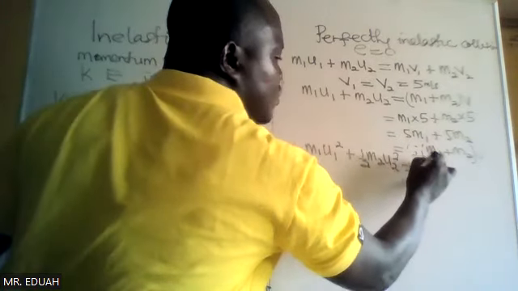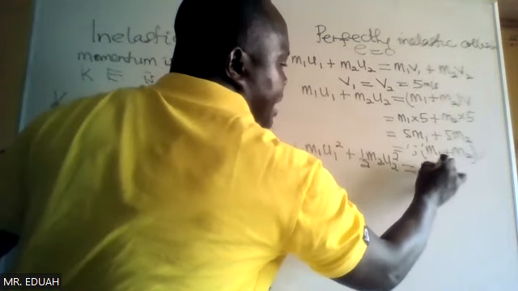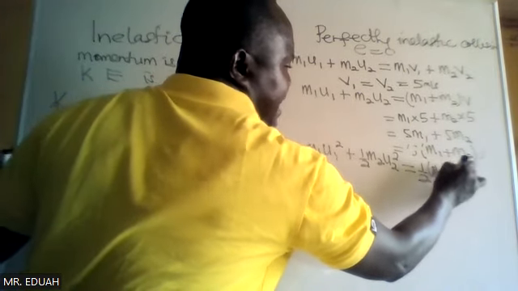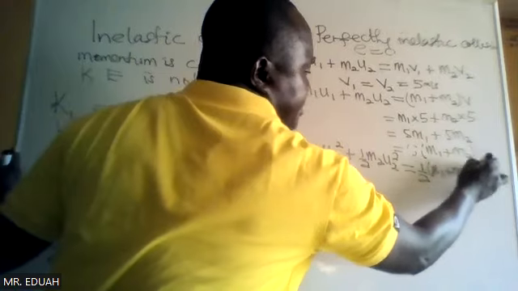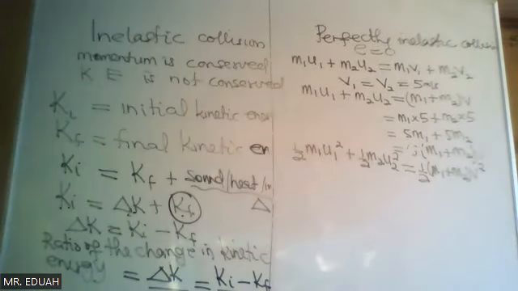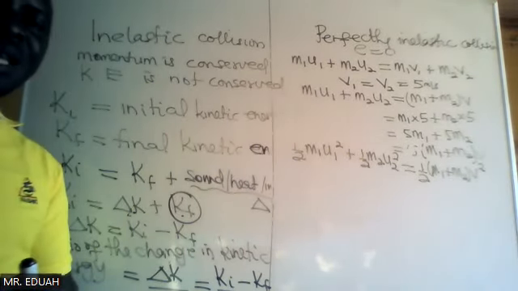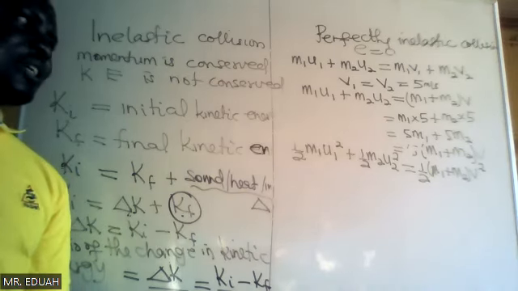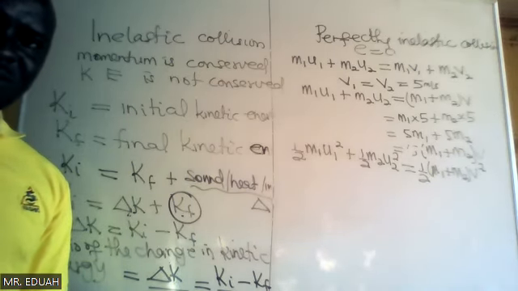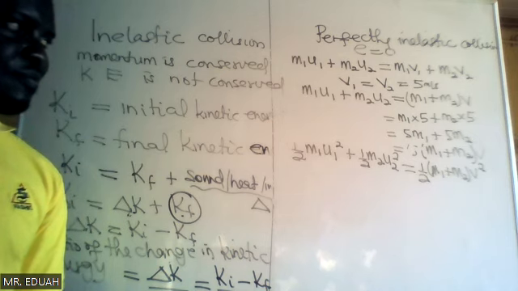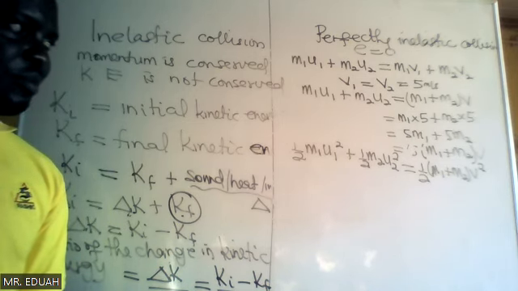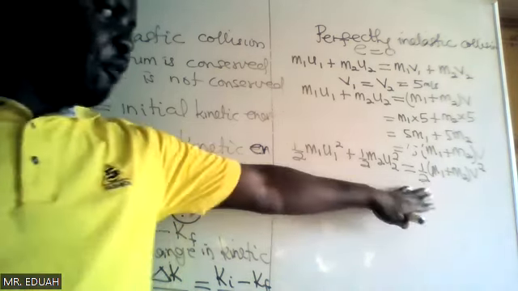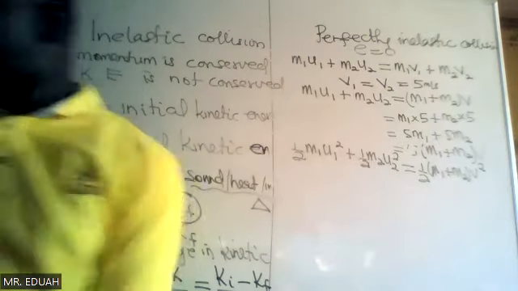This must be equal to half m1 plus m2 times v squared, for a perfectly inelastic collision.